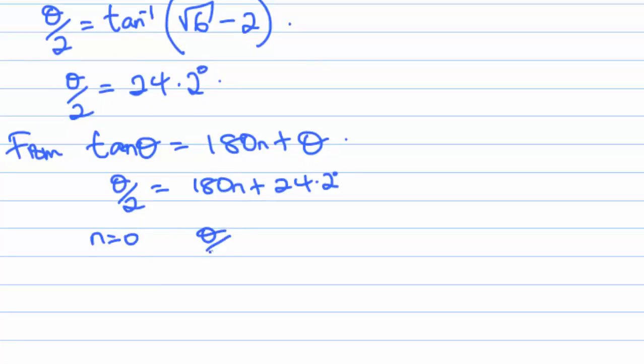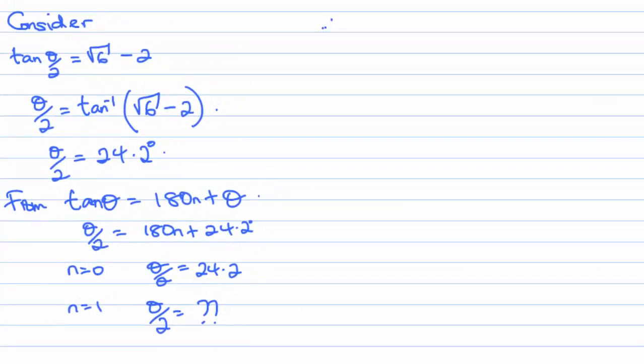And when n is 0, theta over 2 is equal to 24.2 degrees. And when n is equal to 1, theta over 2 is going to give me a value that is outside my range. And so I can now conclude with the value of theta over 2 being only equal to 24.2 degrees as my only angle.